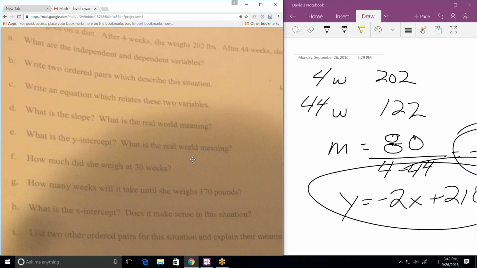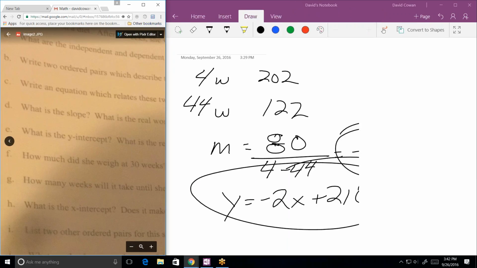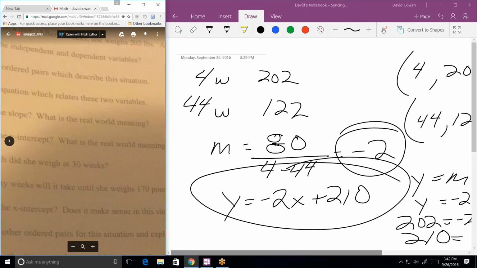How much did she weigh at 30 weeks? Just plug it in, so y equals negative 2x plus 210, so that would be 180. Plug in x of 30. Oh, yeah, so never mind, so that's 60, so that would be 150.